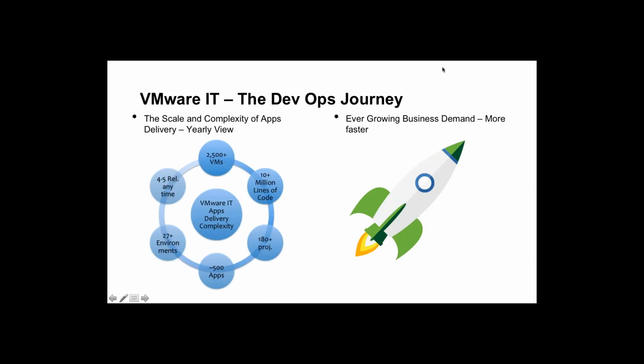At a high level, here at VMware, we deal with a number of scale and complexity issues. We have thousands of VMs in delivering our projects every year, and millions of lines of code. We deliver hundreds of projects and so on.